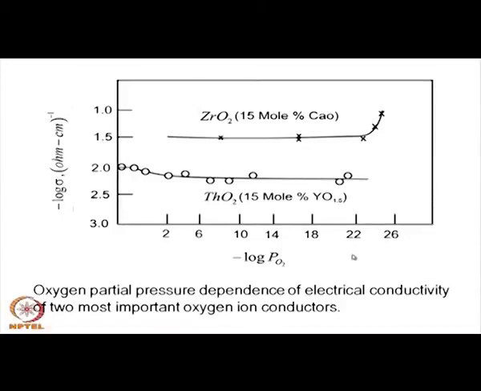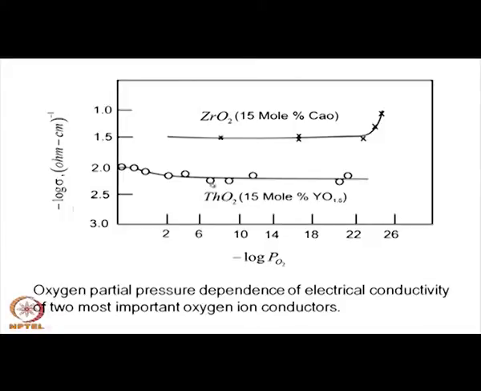So, one can see the conductivity remains independent of PO2 from almost atmospheric condition, that is pure air, down to a very low PO2 like 10 to the minus 22 atmosphere. So, it is a very reducing condition. Even at an extremely reducing condition, the zirconia remains an ionic conductor, and the conductivity is dominated by ionic conductivity.